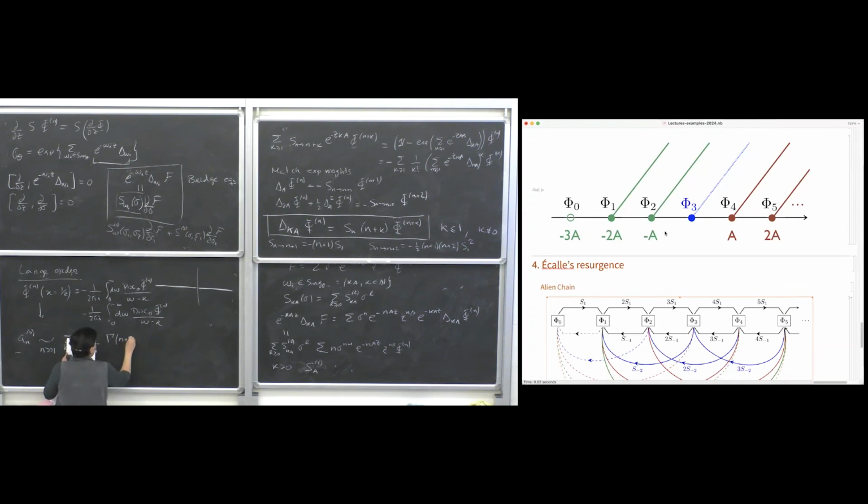Gamma of n plus k beta divided by k A to the n plus k beta, sum over L greater or equal than 0, A_L^k, gamma of n plus k beta minus L divided by gamma of n plus k beta times k A to the L.